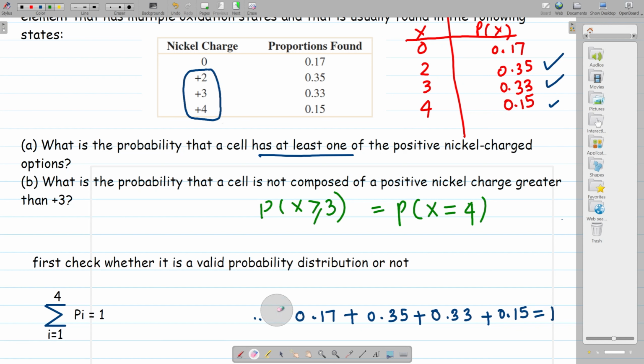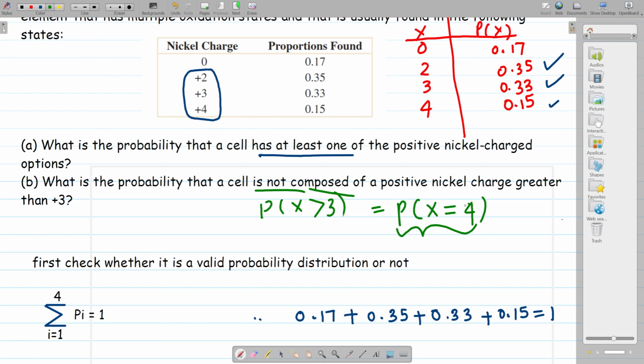So just greater than 3, therefore we have only one value, x equal to 4. But what they ask is not the probability of this one. They ask the probability that a cell is not composed of it. That means the desired probability for part B should exclude the probability of x equal to 4.